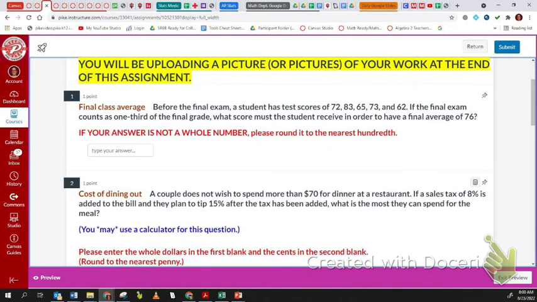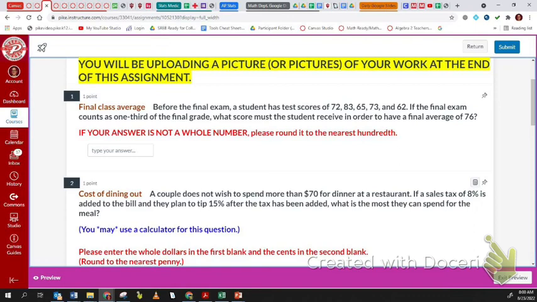Final class average. Okay, so this is actually very similar to the way I calculate y'all's grades because each different category has a different weight. What it's saying is that final exam carries a 1/3 multiplier. So whatever you get on that final exam, I would multiply it by 1/3. The other 2/3 of the grade are coming from where?